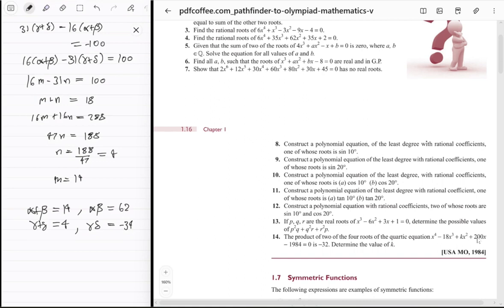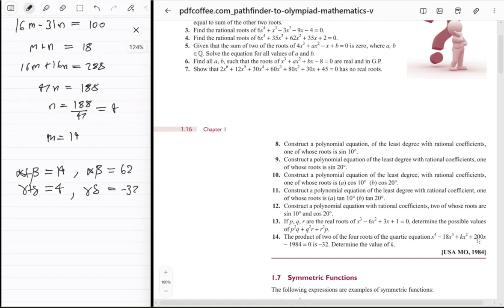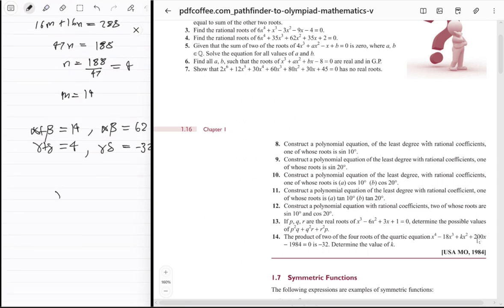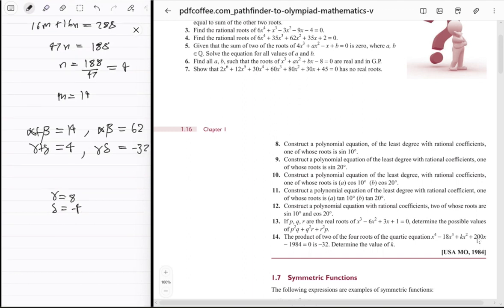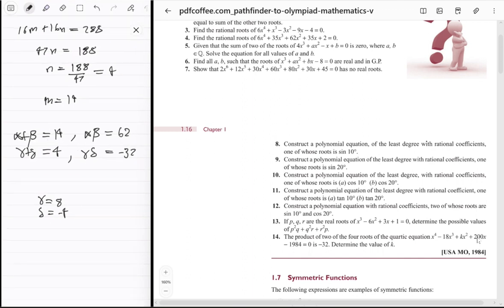And I'm starting to think that maybe actually you can figure out what each should be. So, for example, yeah, actually you can. So gamma is 8, delta is negative 4, right? What are alpha and beta? 62 is like 2 times 31. 31, is that a prime?